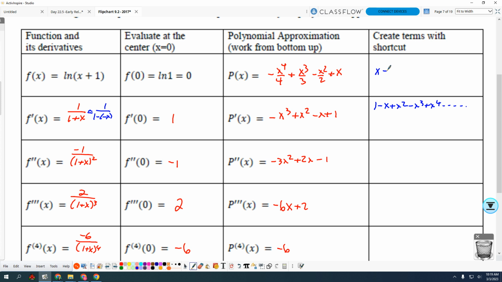Integrating up: x minus x squared over 2 plus x cubed over 3 minus x to the 4th over 4, and so on. Do I get the same thing? It's written in a different order, but are all the terms the same? And if I did more derivatives, I could have gotten more here. Get it? Kind of, sort of? Is it neat? No?